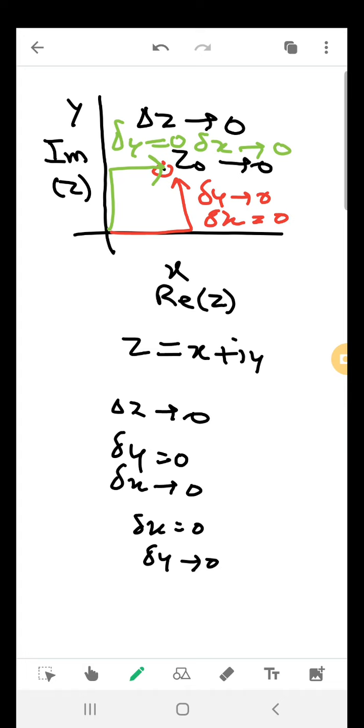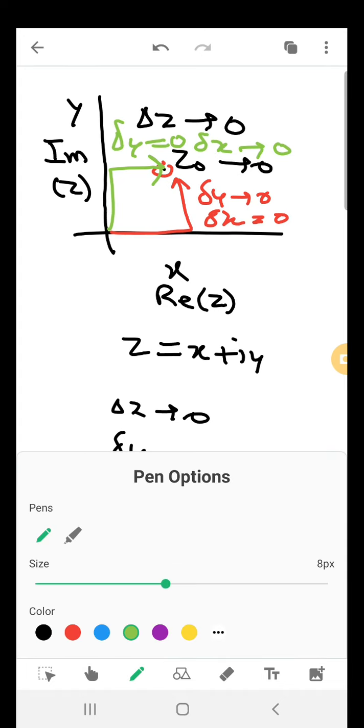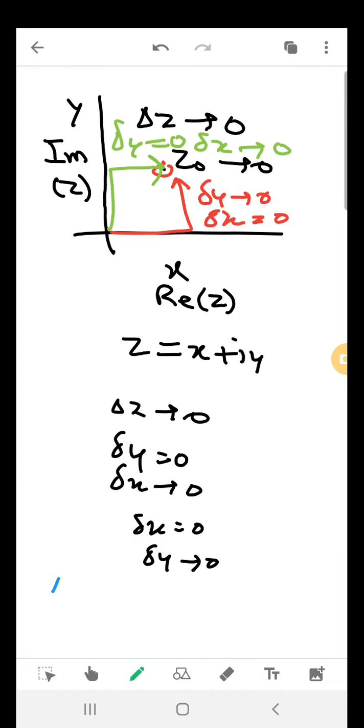Due to this, when we are trying to find the limit as delta z tends to 0 of del f by del z, it can be written in two different forms.